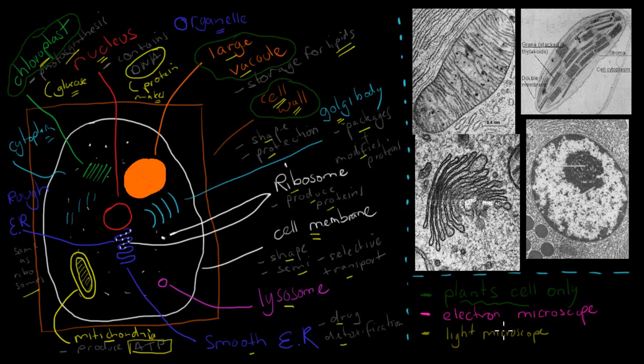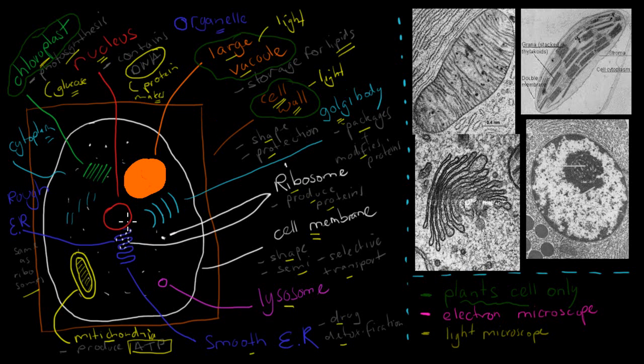The next thing I'm going to talk about is which of those you can see on the light microscope, the less powerful one, and which ones you need the electron microscope for, the more powerful one. You can see the cell wall with the light microscope, so I'll say L for light. You can also see the large vacuole with your light microscope. You don't need an electron microscope.